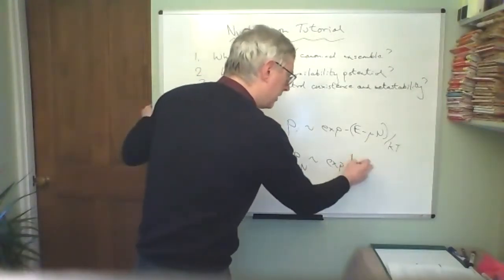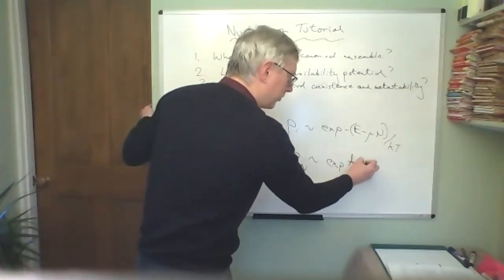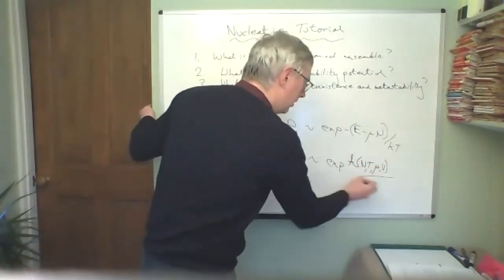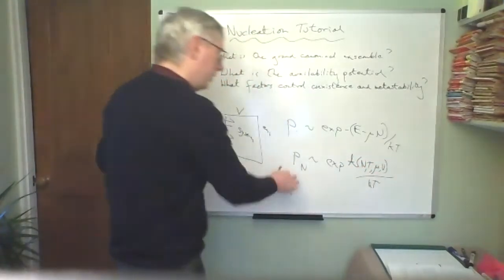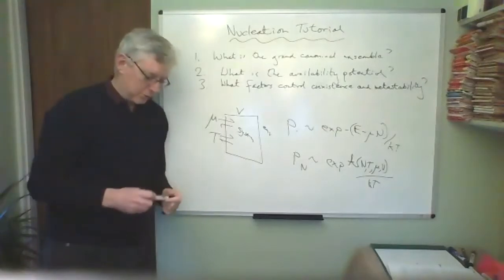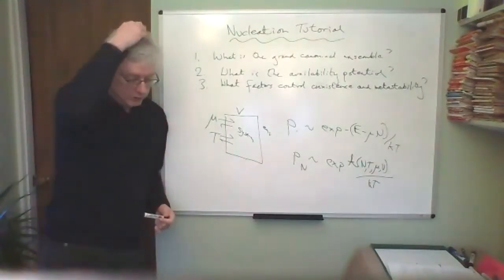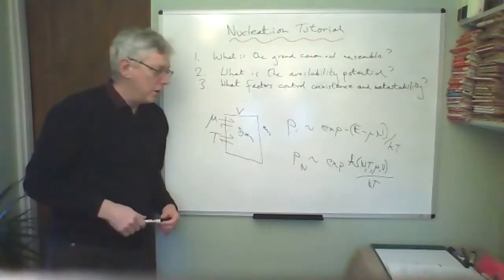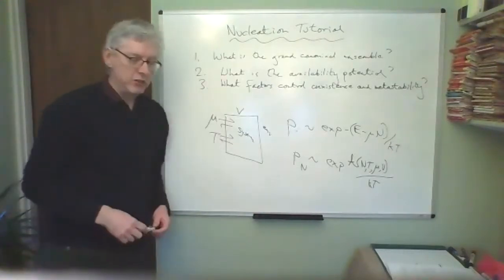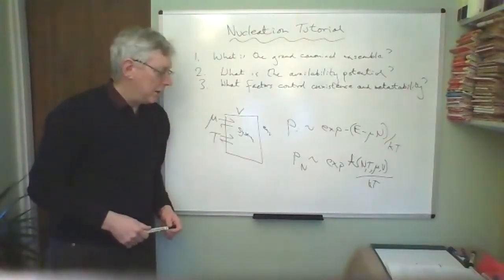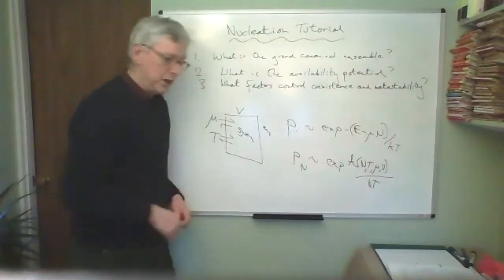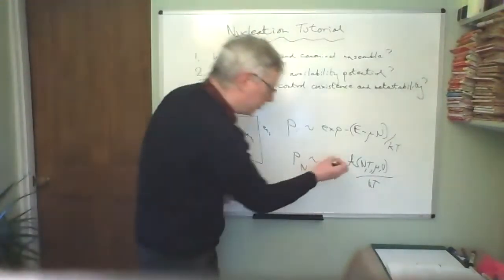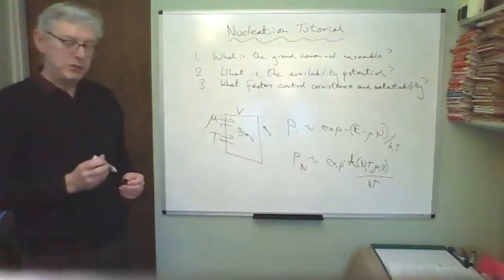It goes as the availability potential, which is a function of n and t and mu and v, I guess, divided by kT. So we're now, again, still doing equilibrium statistical mechanics of an open system like this, but we're now looking at macrostate probabilities labeled principally here by the number of particles. And it's all given in terms of this availability potential.